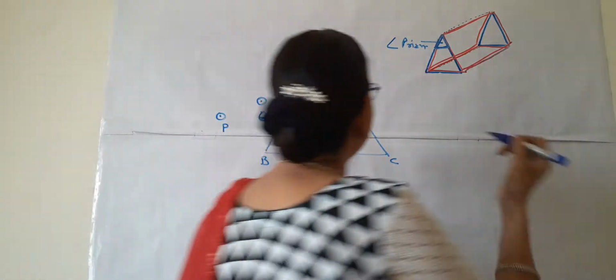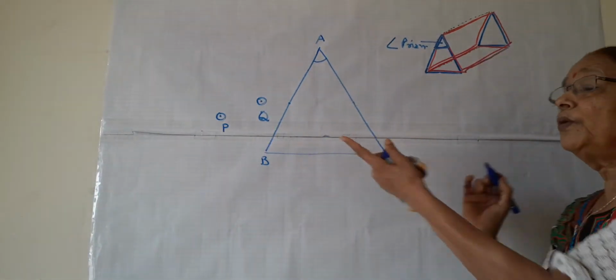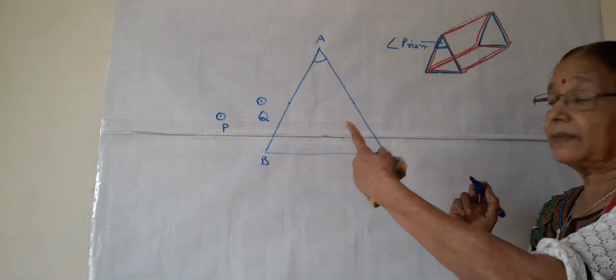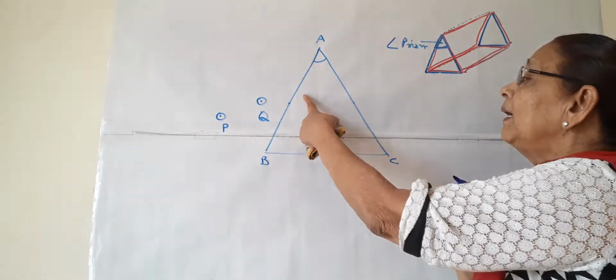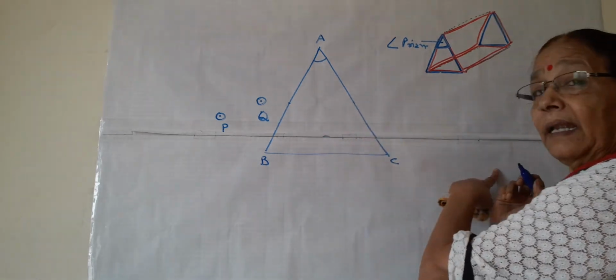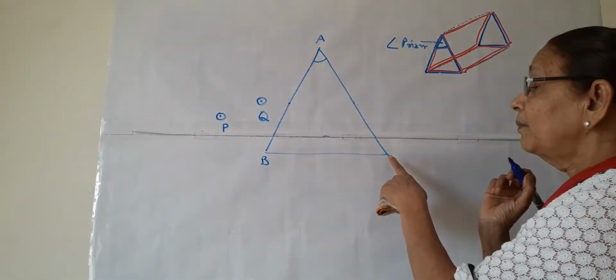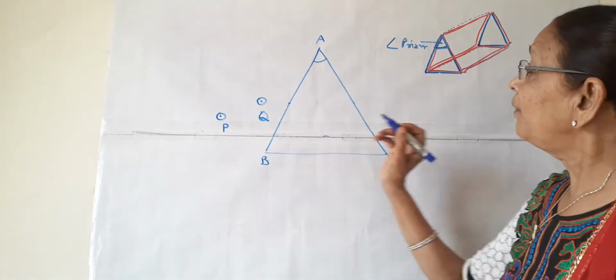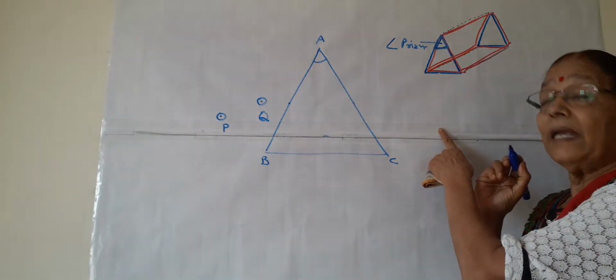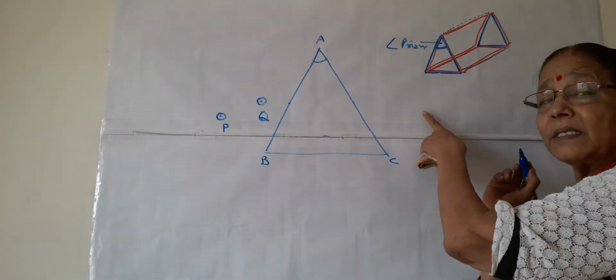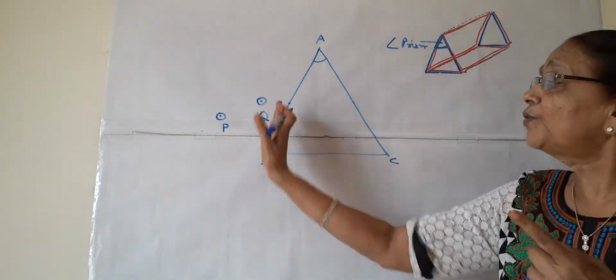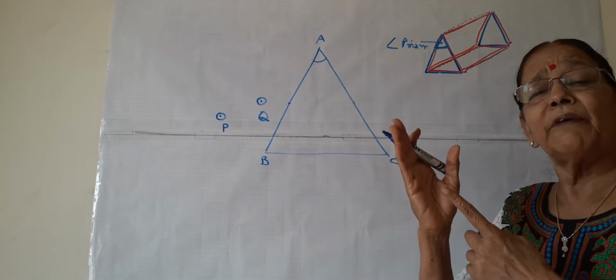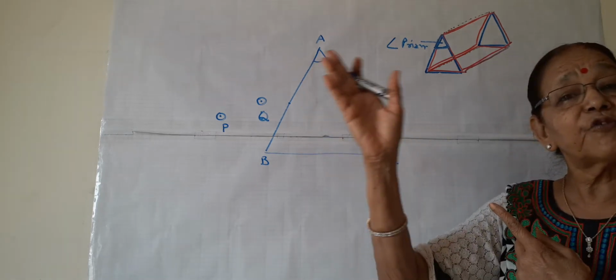And from this side, if we want to see their images, the light ray will come, fall on the prism, refract, and then come out from this side. So if we want to see the images of these two pins from this side, the two pins and the images of both pins should be in a straight line.